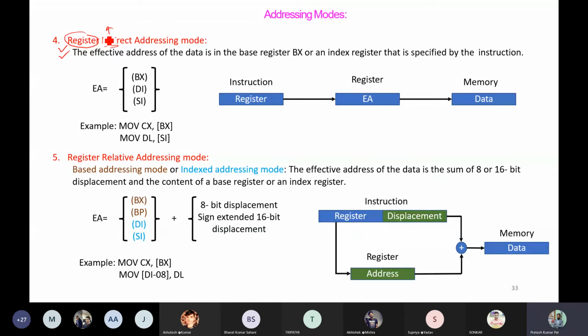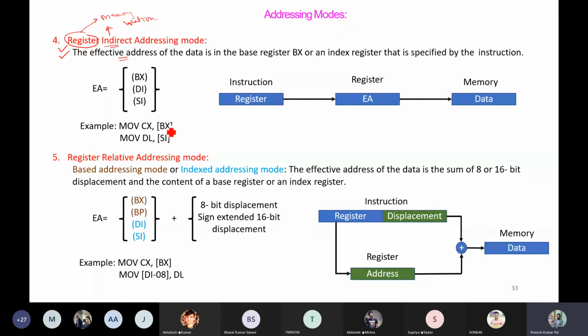So in register indirect addressing mode, this register will be indicating the address. The effective address of the data is in the base register or an index register that is specified by the instruction. Here it is written MOV CX, [BX].